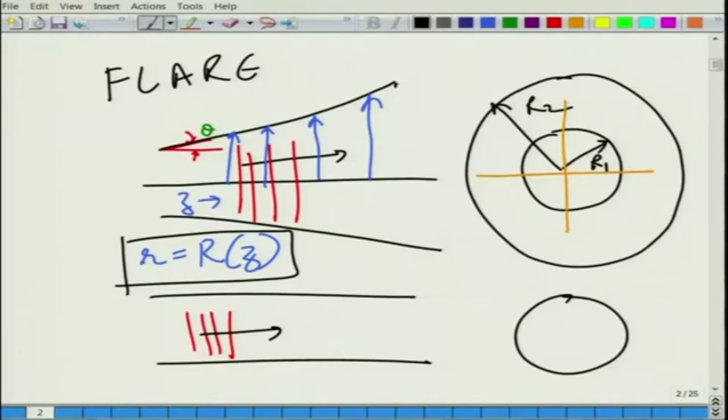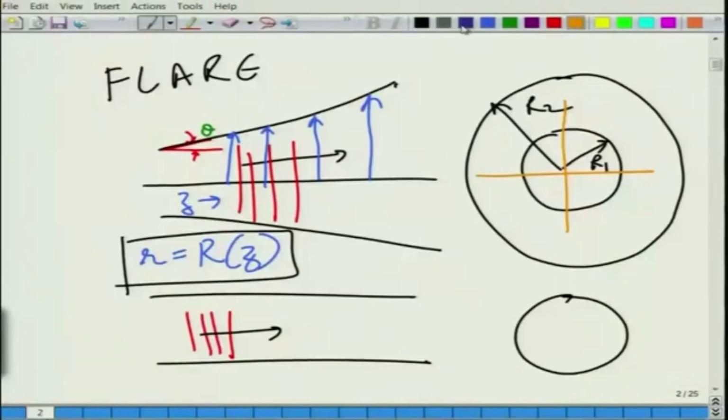So, now what it means, mathematically, is that there are small discontinuities. Technically this is not a discontinuity, but it can be thought of as a duct with notional discontinuities, something like this, mimicking the horn.